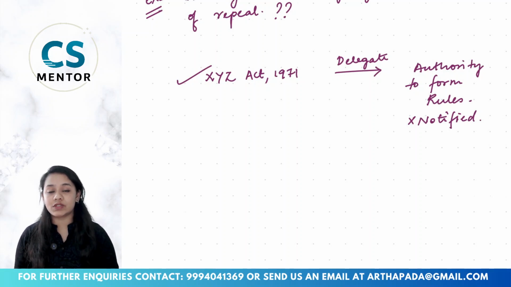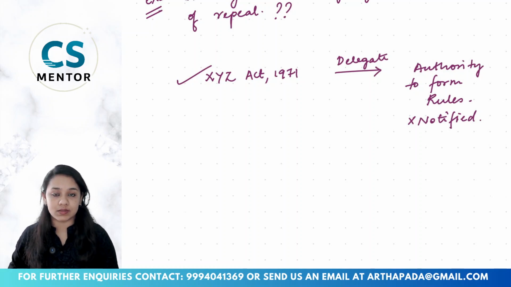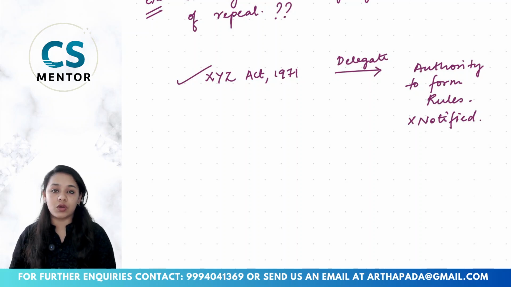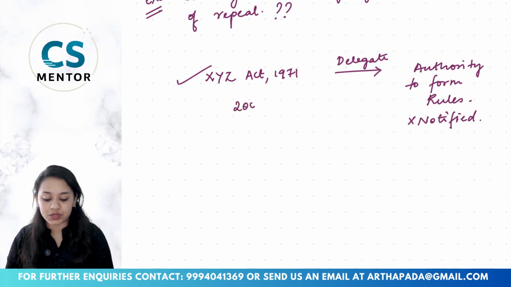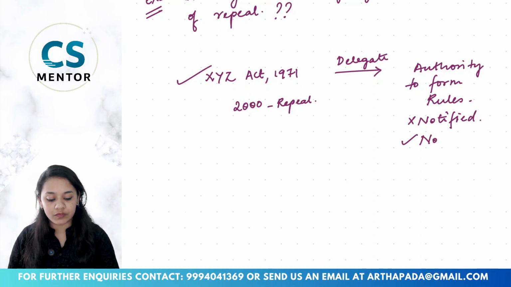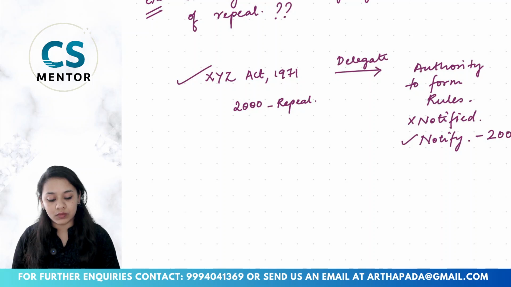However, you can never have a situation where the rules are in force and the main act is not in existence. Okay, so let's continue with the example that this 1971 law got repealed in the year 2000. Then can the government go ahead and notify rules relating to the XYZ Act in the year 2001?